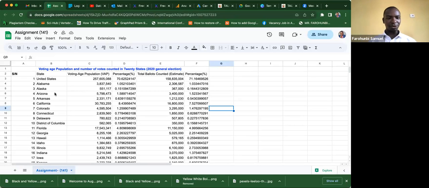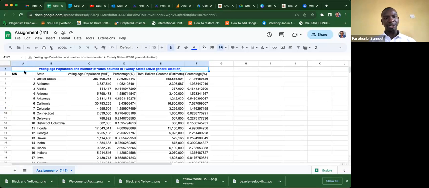So this is someone's submission, and I told you this is Google Sheet. I'll just use this as an example. The person has been able to show us the title of this table, but there is no heading. This is just voting age population and number of votes counted in 20 states general election.